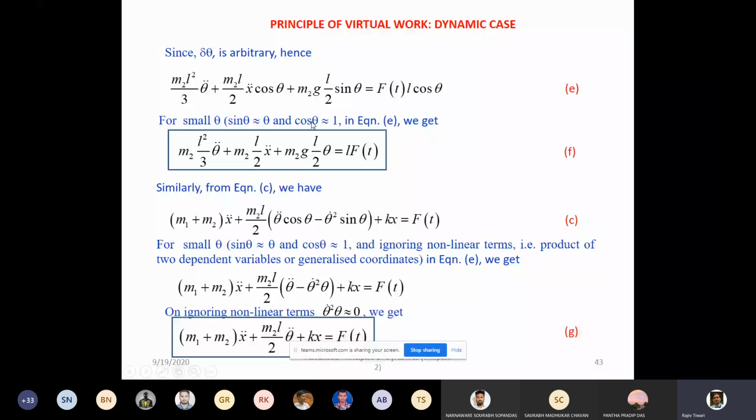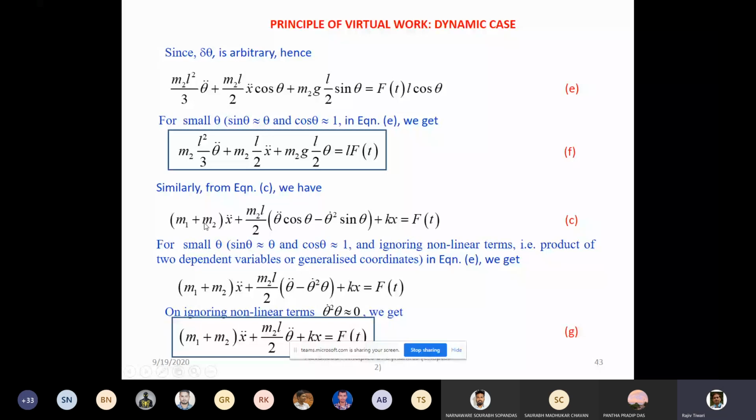You can see theta is having power only 1. Here x is having power 1, and theta is power 1. This is a constant term. So there is no square term or multiplication of the two variables x and theta. So this is a linear equation. The previous equation, which we obtained when we gave the virtual displacement x, is this particular expression, the previous first one.